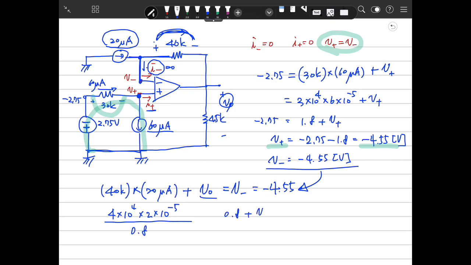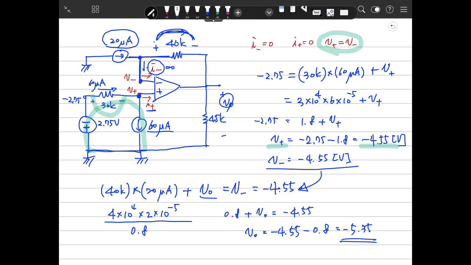So 0.8 plus V out is minus 4.55. So V out is minus 4.55 minus 0.8. That will be minus 5.35. So that is our result.